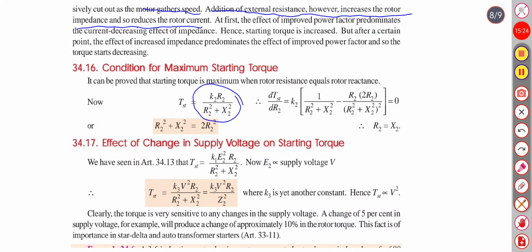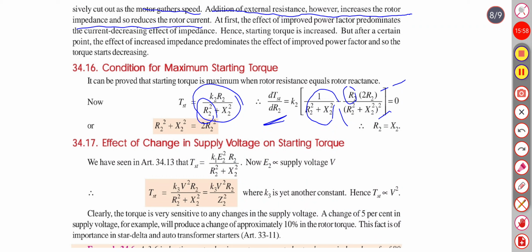So this is the method to differentiate this term. First, the denominator will be taken as a constant, and differentiating R2 with respect to R2 will be 1. After that, putting R2 as a constant, 1 upon R2 square plus X2 square, the whole square, differentiation, and again we have to differentiate R2 square, so it will be 2R2.